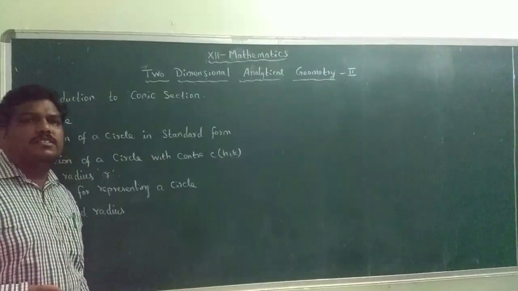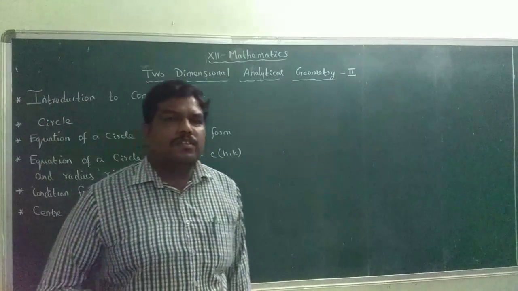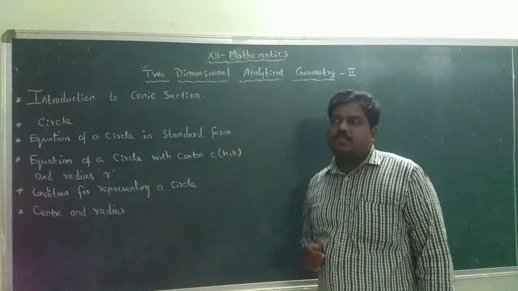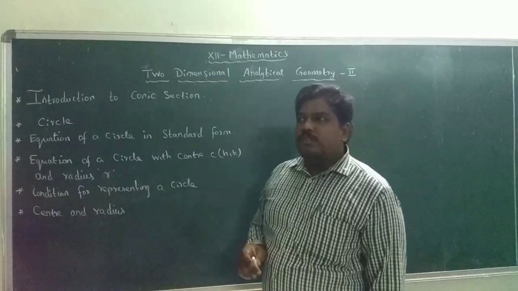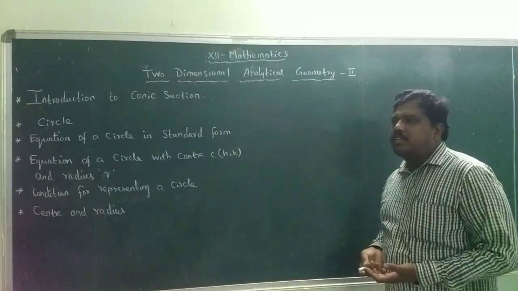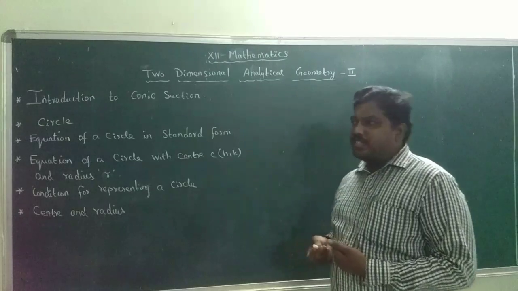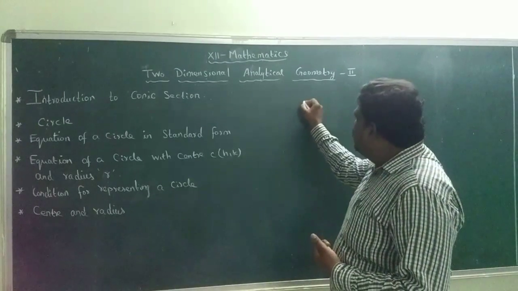Good morning to everyone. In the last video, we saw the introduction to conic sections. In that video, if you cut a double napped cone at different angles, you can get different shapes.